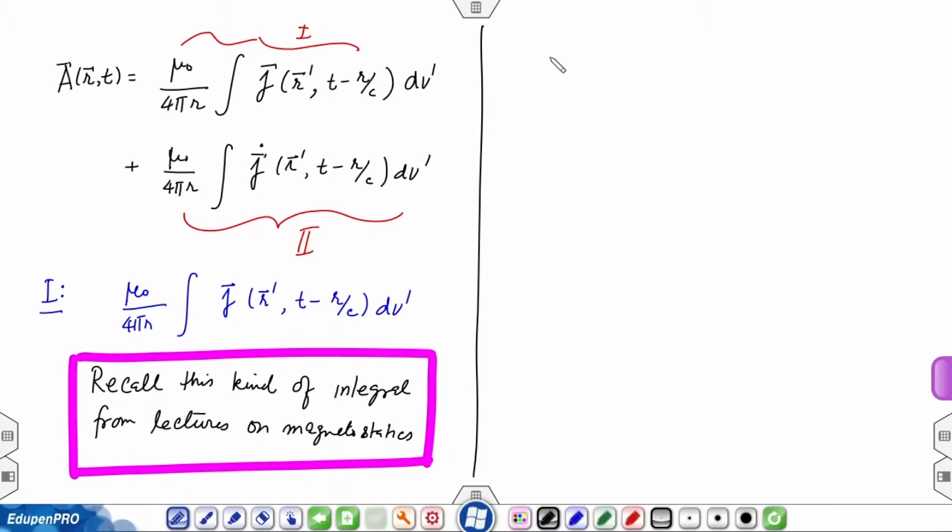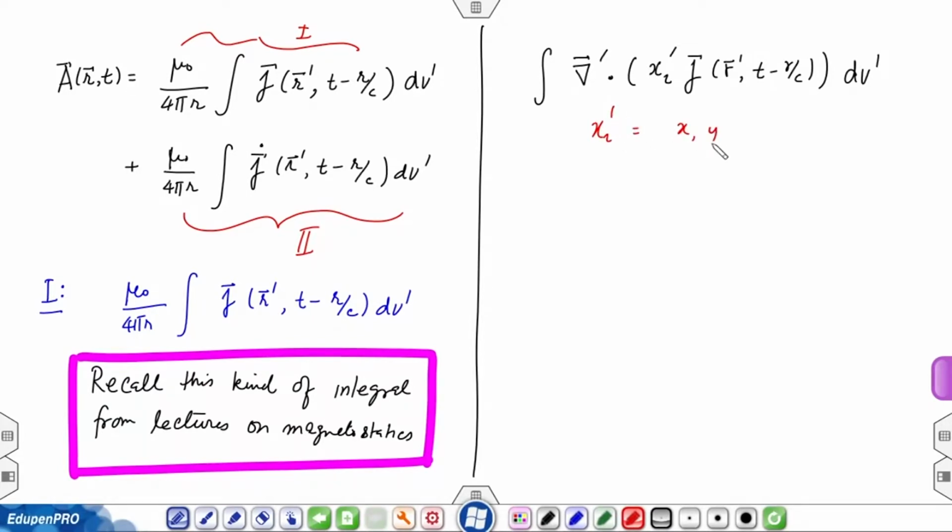So, let me write integral of divergence with respect to this primed variable of x I prime j at r prime, t minus r over c, dv prime, where x I prime denotes x, y or z for I equals 1, 2 or 3.